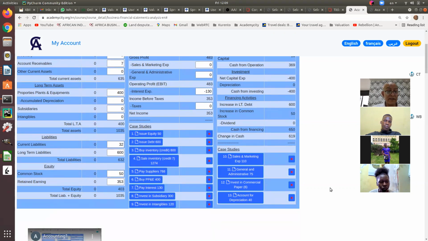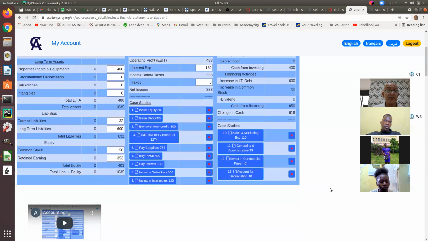Let's do one more transaction, which is also kind of another type of transaction. By the way, it says investing in subsidiary. Let me explain what subsidiary means, and we'll come back to that when we talk about mergers and acquisitions.